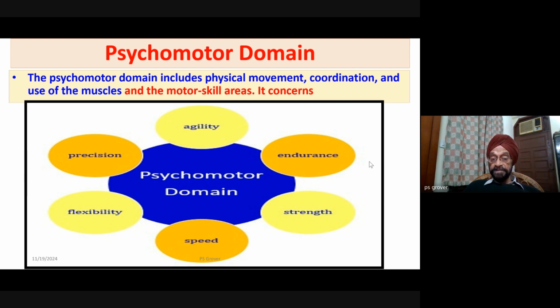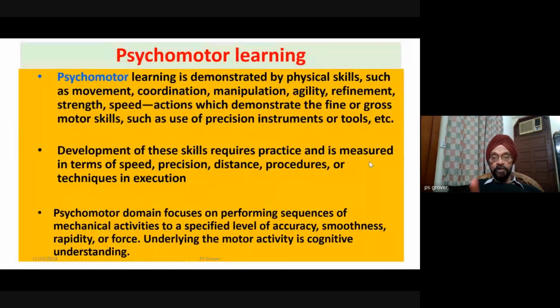Finally, see here, it is a very important domain. Now, psychomotor domain learning is demonstrated by physical skills such as movement, coordination, manipulation, agility. And kindly see, when we work in the laboratory, many times equipment needs a lot of precision. The lab, depending on the experiments, has action that demonstrates a fine or gross motor skill, such as use of precision instruments or tools, etc.